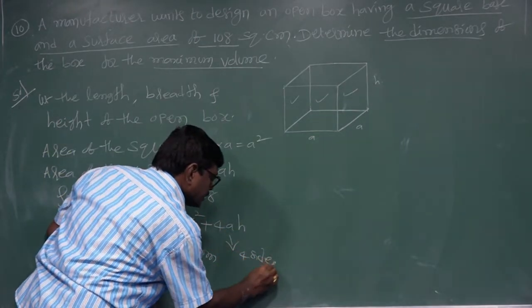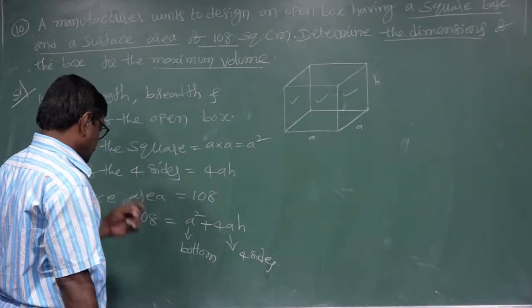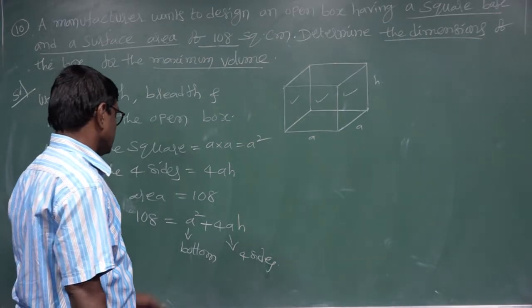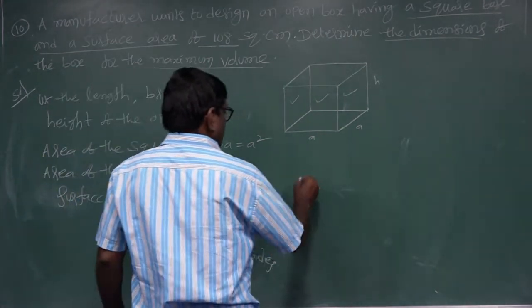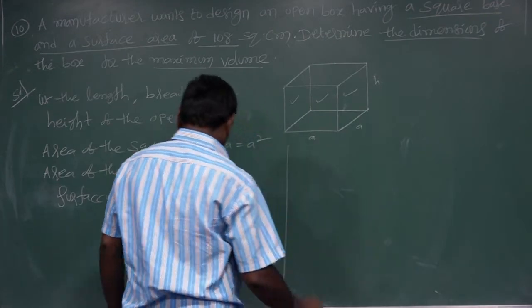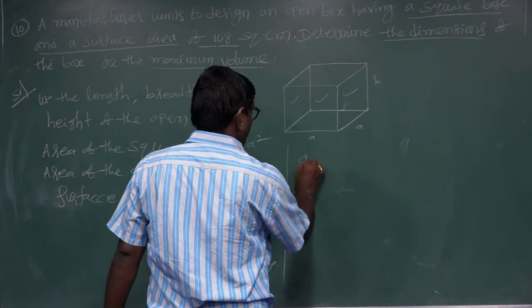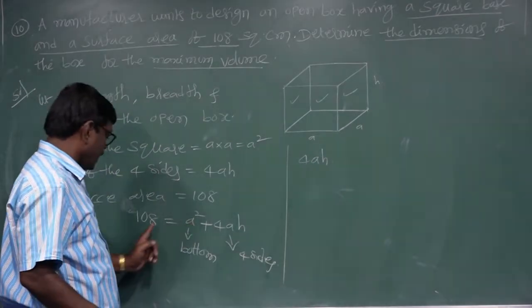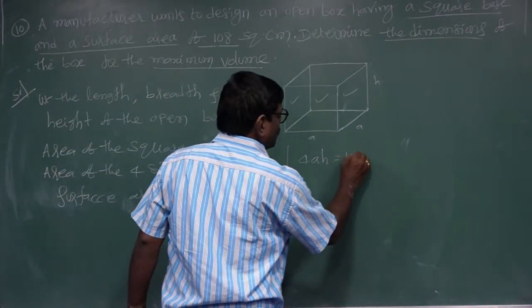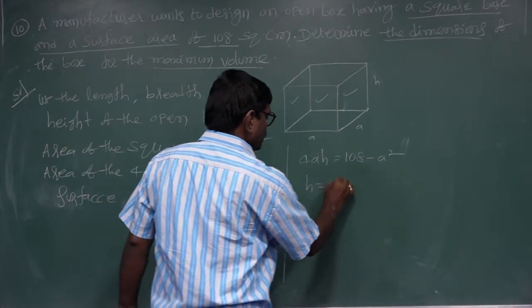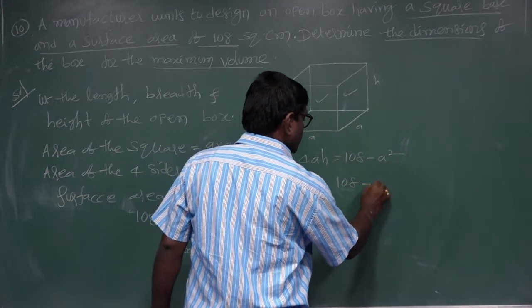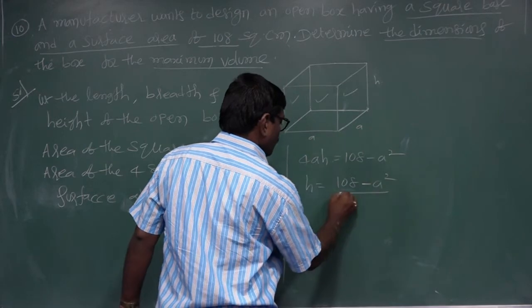So 108 equals a square plus 4ah, which gives 4ah equal to 108 minus a square. H is equal to 108 minus a square by 4a.